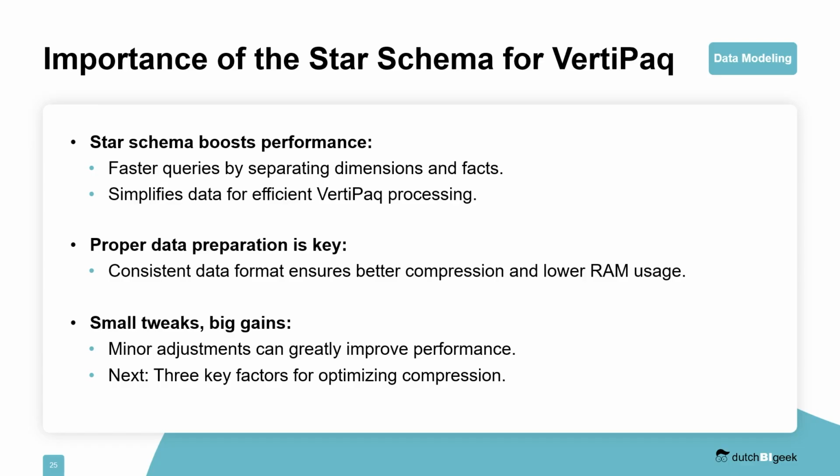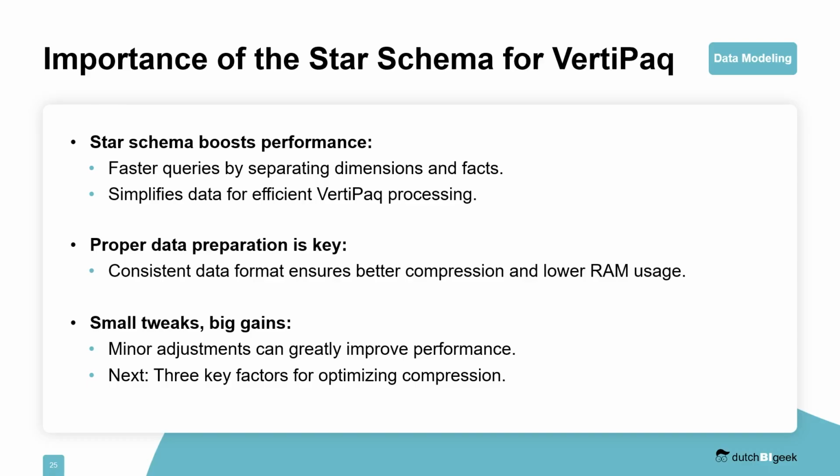So a little bit of a recap on the importance of the star schema for the VertiPaq engine. A star schema boosts the performance by simplifying the model. Separating the fact and dimension tables improves the query speed and reduces model complexity. But proper data preparation also improves the compression and lowers the RAM usage.